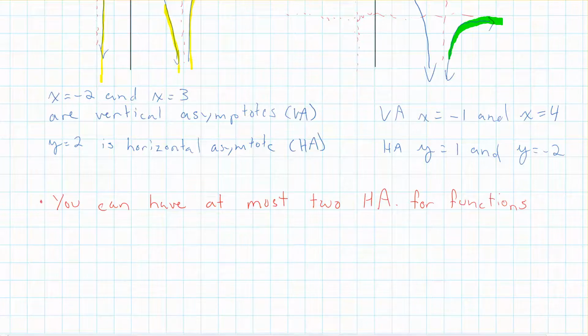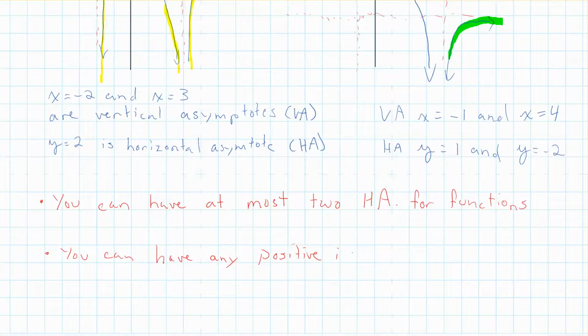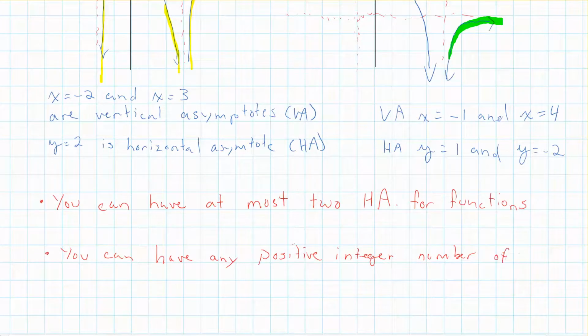But then you can have any positive integer number of vertical asymptotes.